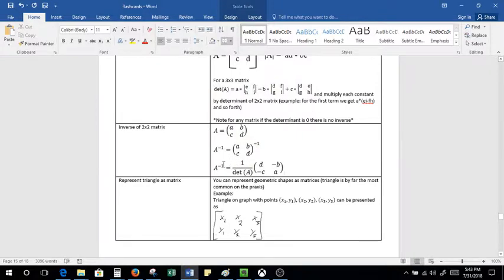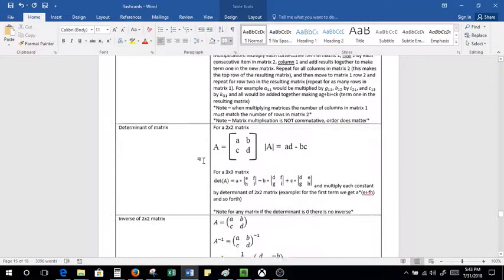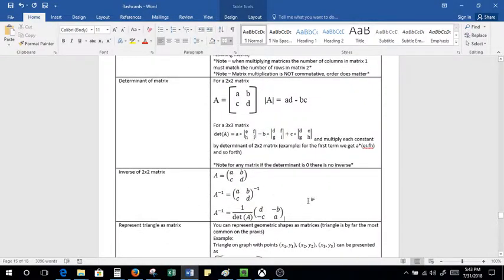If you multiply all that out, you will get the inverse matrix of A as your result. So 1 over the determinant, which we found in the previous section, flip A and D and make B and C negative.